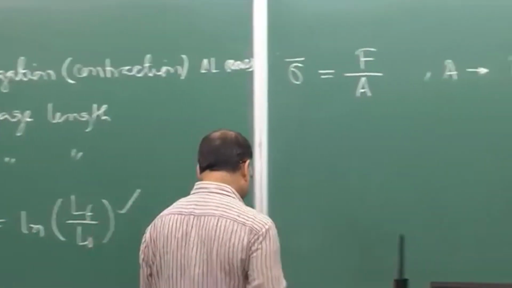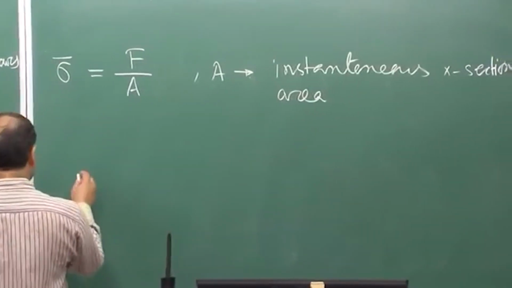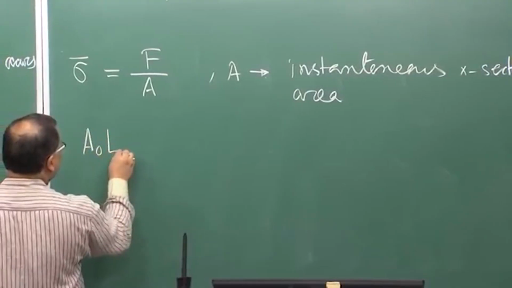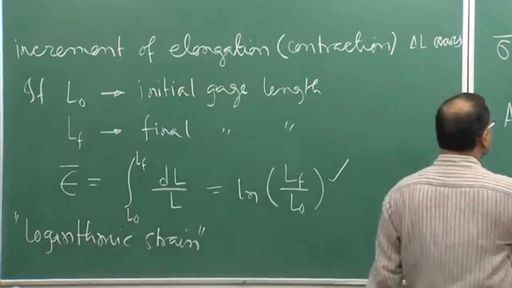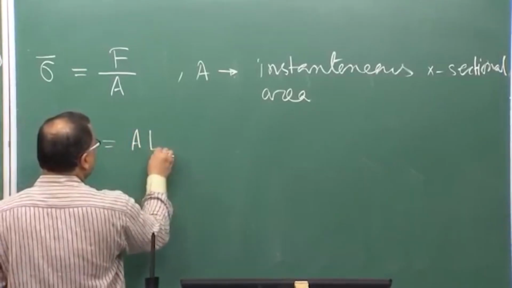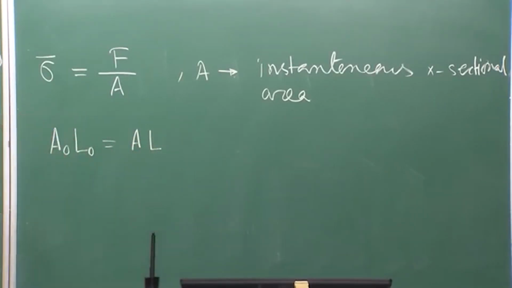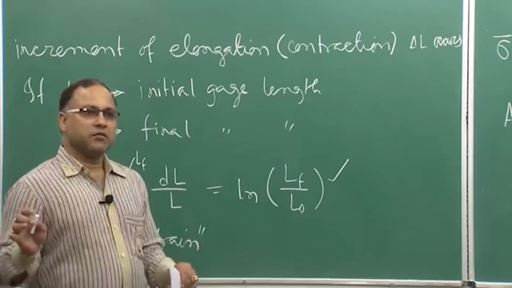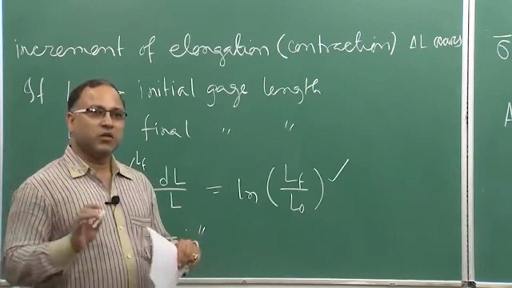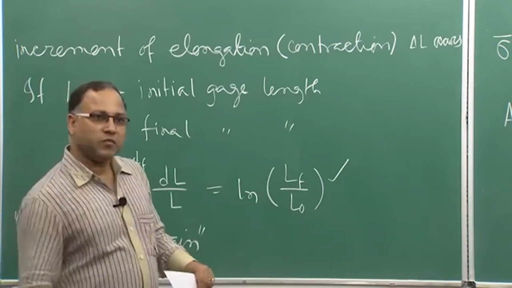If your volume is not getting changed, then I can write A naught L naught, where A naught as well as L naught are the original dimensions, must be equal to A into L at any instant during the test. Whatever cross sectional area you are getting and whatever gauge length you are getting, they must be same, because we should not expect any change in volume, right.